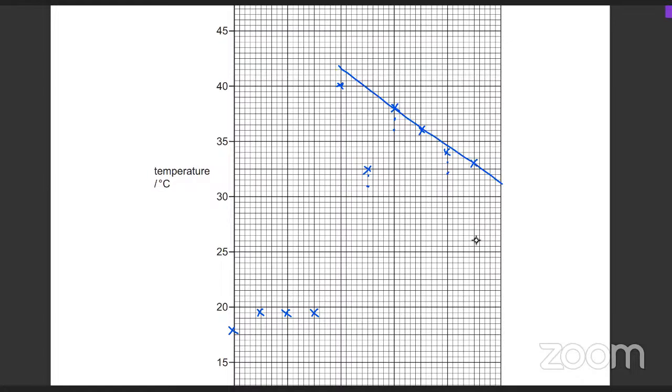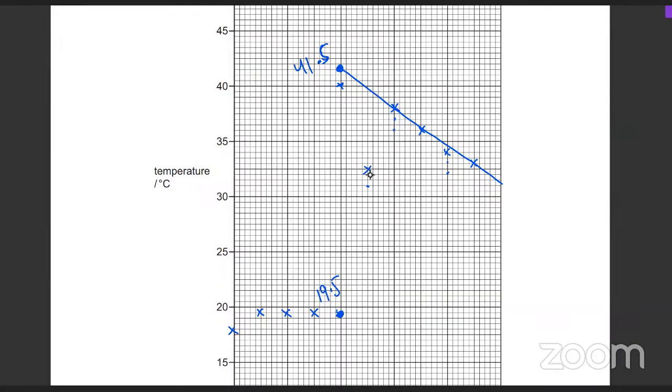And always remember that your temperature change is your initial temperature, which is the starting point, and the extrapolated temperature, which is over here. So that's your delta T, and this is going to give you what? It's going to be 19.5. And this one is going to be 41.5. So the difference, what's the difference?